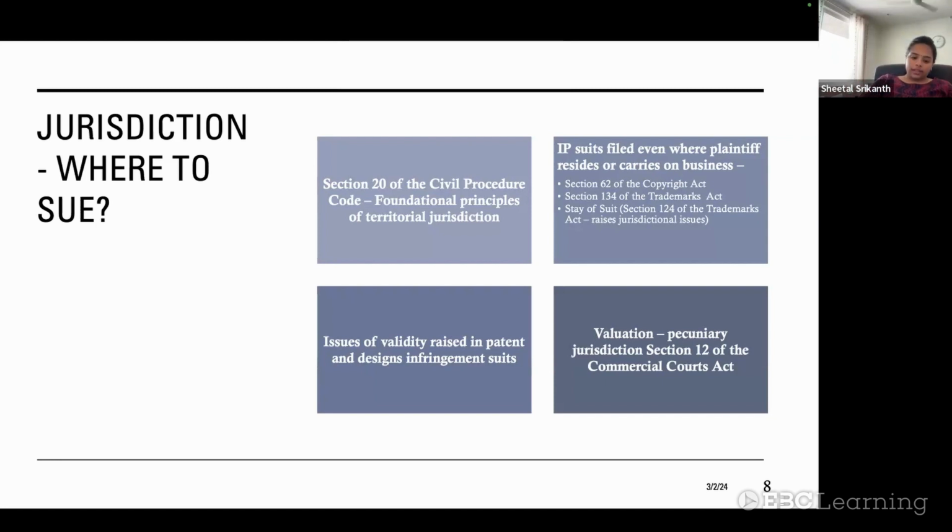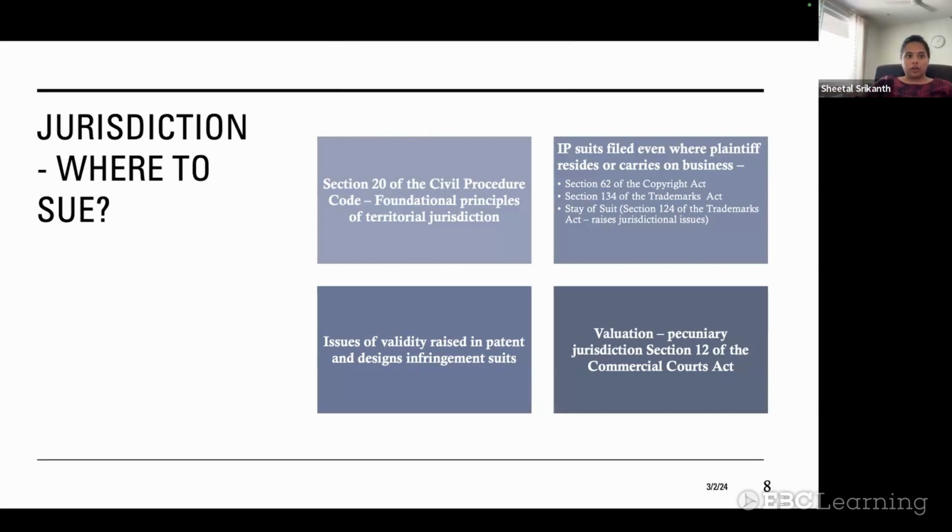Now, other than these three principles, there is an anomaly in intellectual property law where, for example, it's on the slide, section 62 and section 134 of the Trademarks Act allow the owner of the trademark or the copyright or the person suing, as the case may be, to file the suit where they reside or carry on business.